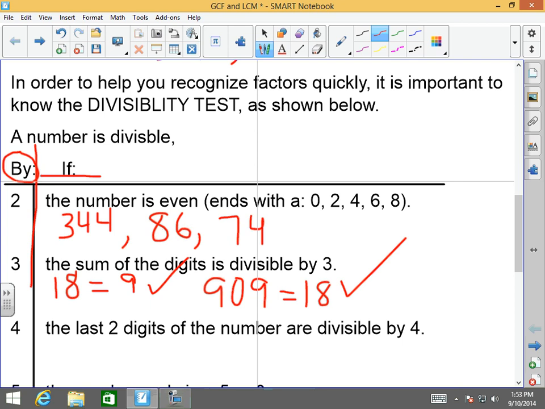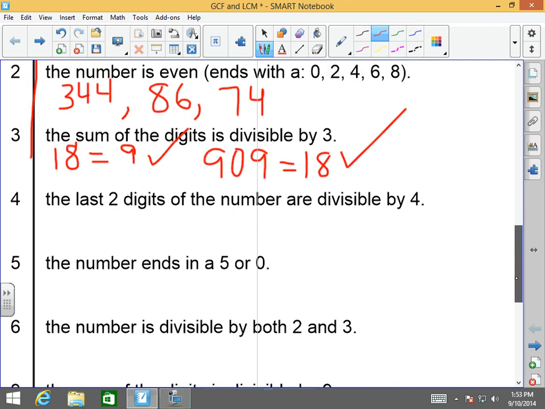A number is divisible by 4 if the last 2 digits of the number are also divisible by 4. For example, let's say I give you the number 316. You look at the last 2 digits. Is 16 divisible by 4? So 316 is also divisible by 4.